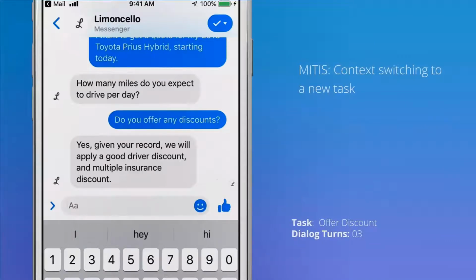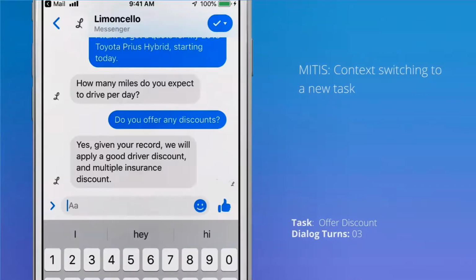Here, when the bot asks about how many miles, the user doesn't answer and asks for discounts instead. The level 3 virtual assistant is able to handle this situation and switch context to provide information about discounts.